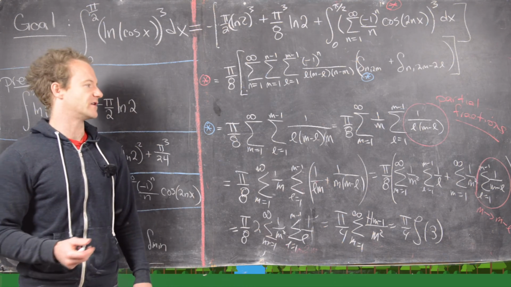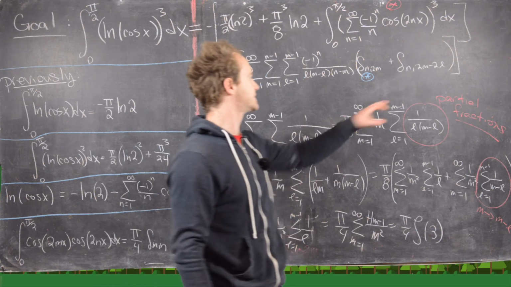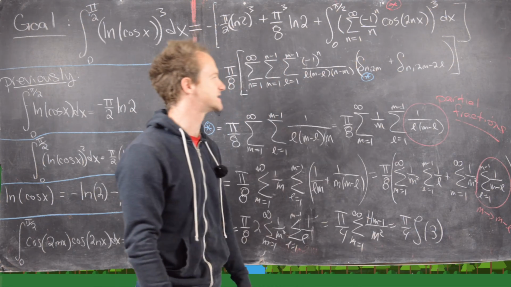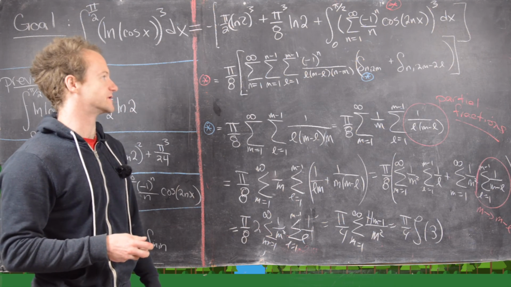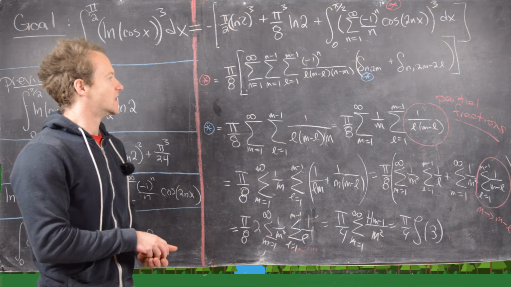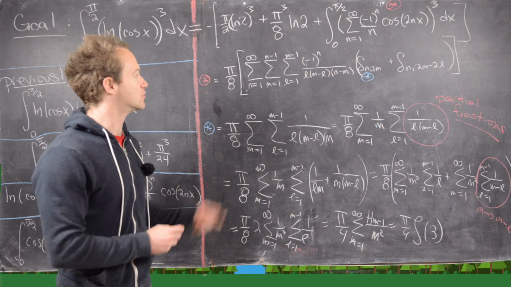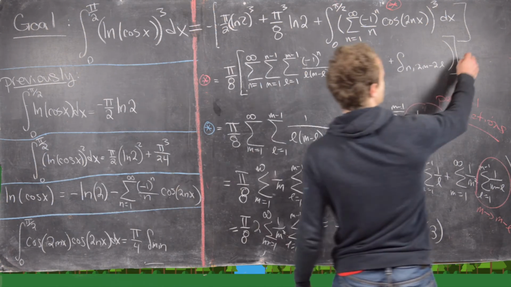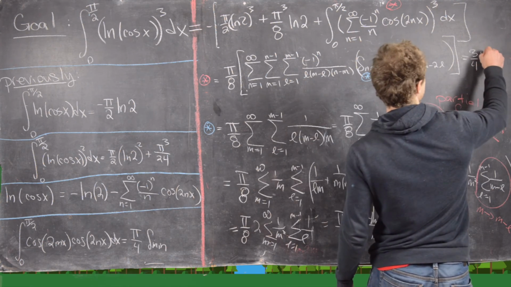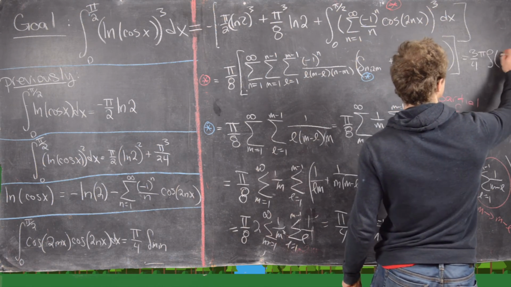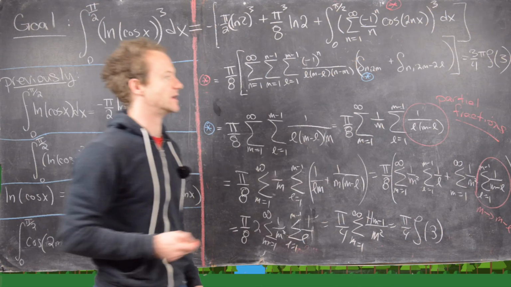Maybe that'll be filled in a future video. I'll also say that doing the summation with the second Kronecker delta will give us a very similar result, which will allow us to write this whole thing as 3 over 4 times pi times the Riemann zeta function evaluated at 3.